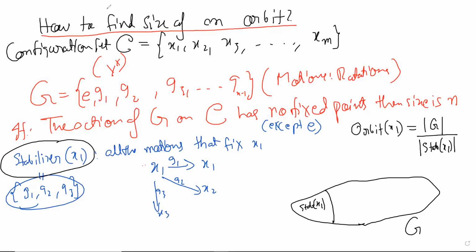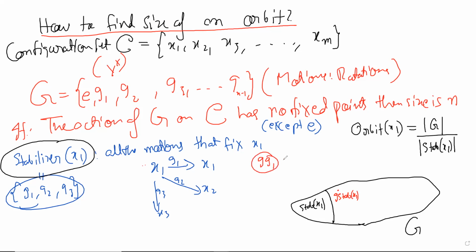Now, if you hit a motion in the stabilizer set by something from outside, something which is not in the stabilizer, so everything in the stabilizer you multiply with G. Let's say G1 is in the stabilizer, then you do G1 times G. This is a different motion, right?